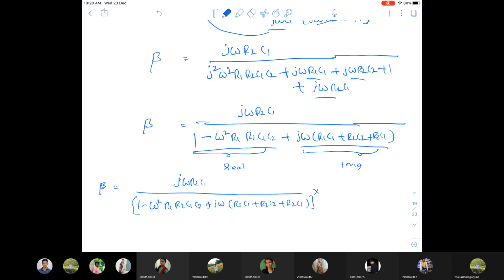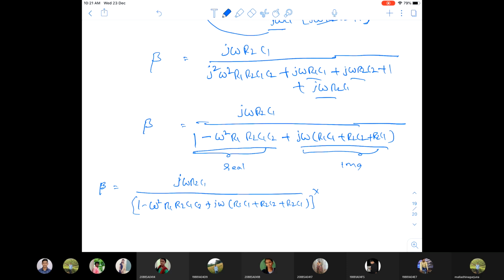What is rationalization? We have to multiply in the numerator and denominator, but we should put a minus in between the two terms. In between the imaginary and real part, we should keep a minus, sir. Multiply and divide, and then the denominator becomes real.